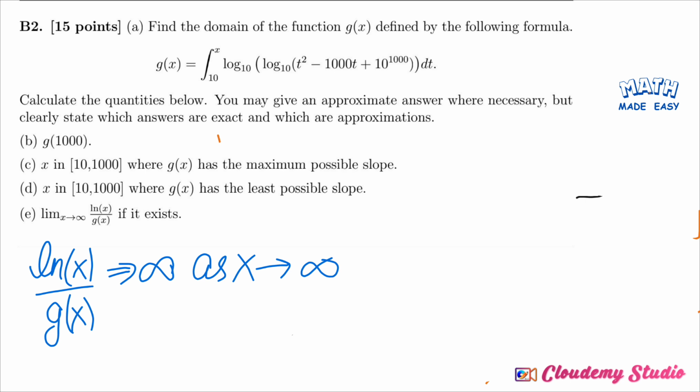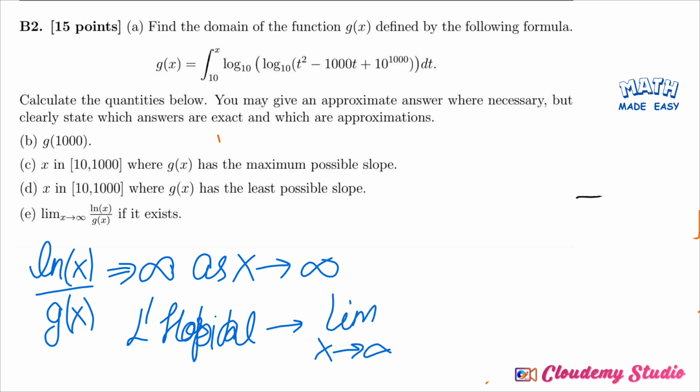If we use L'Hopital's rule, it will be 1 by x, the differentiation of ln x, over g dash of x.